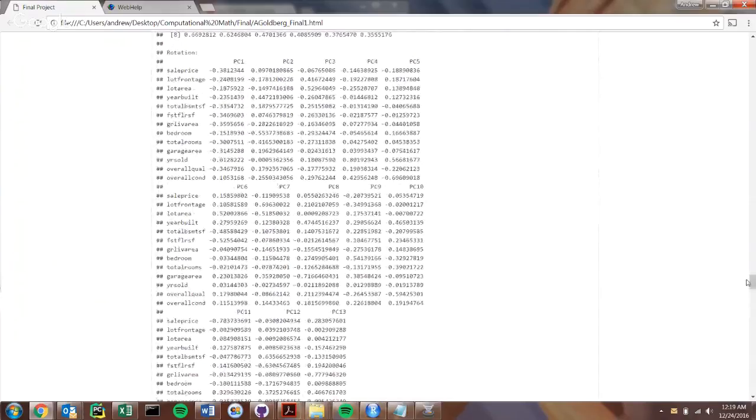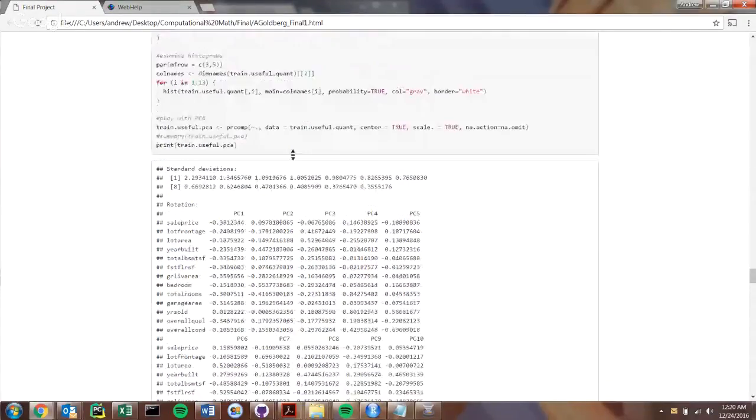And obviously the first component likely just alludes to general living space and quality. The second principal component favors the amount of bedrooms and apparently years built, which might be when the largest or smallest housing may have been built, although I'm not completely convinced of that analysis.